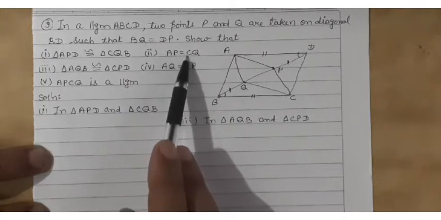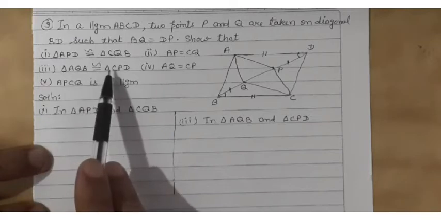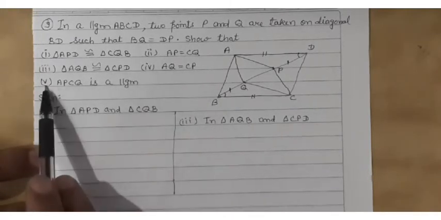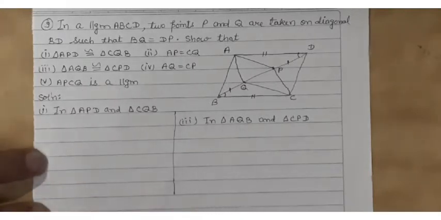Second, AP equal to CQ. Third, triangle AQB is congruent to triangle CPD. Fourth, AQ equal to CP. And fifth, APCQ is a parallelogram. These 5 things you have to prove.